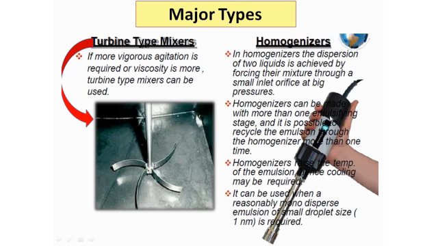This motor can move at a very high RPM, and it is fitted with a shaft, where you have the rotor as well as the stator. This type of homogenization raises the temperature of the emulsion, so cooling may be required.